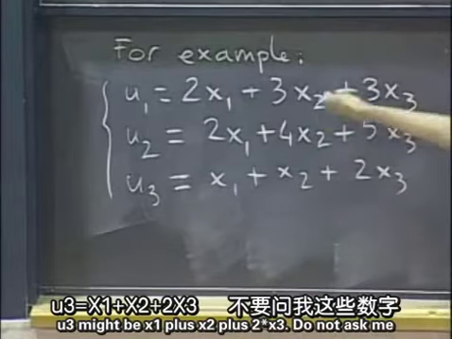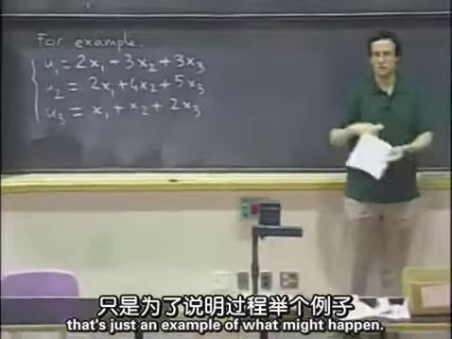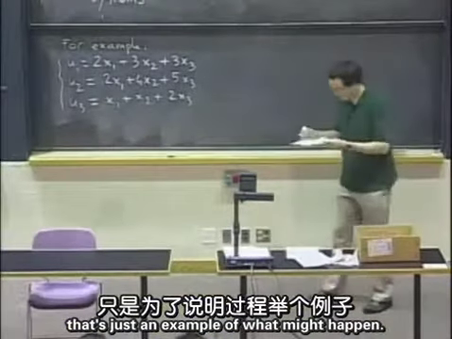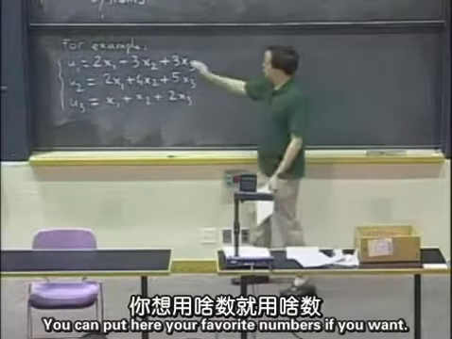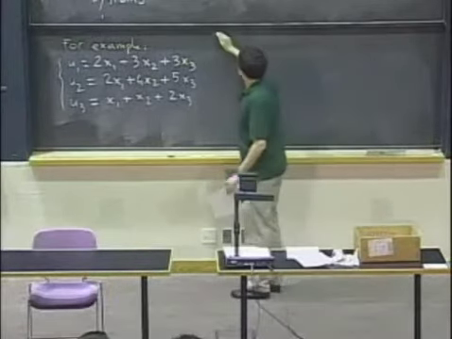Do not ask me where these numbers come from. I just made them up, okay? That's just an example of what might happen. So put here your favorite numbers if you want.